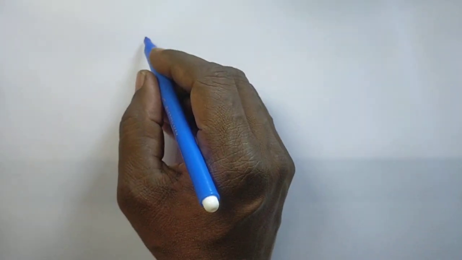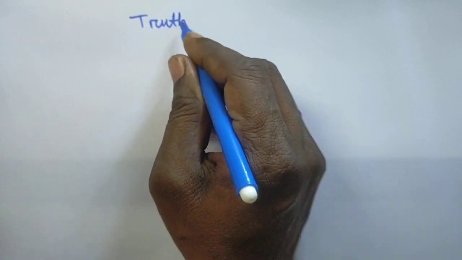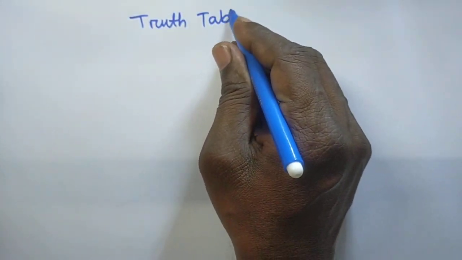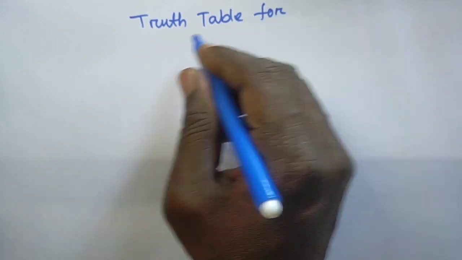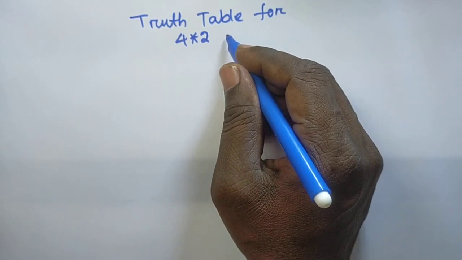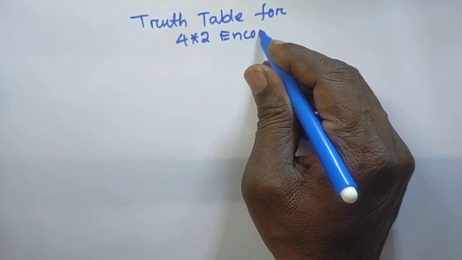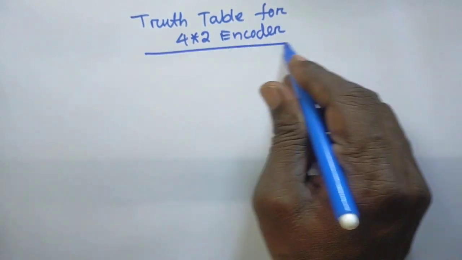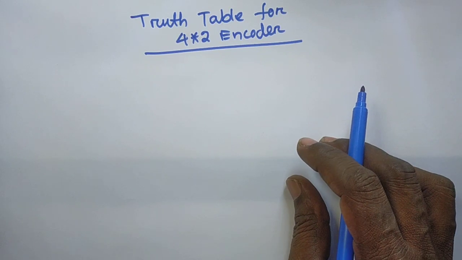Now we define the truth table, in a very simple way, for the 4 into 2 encoder. This truth table we have to design.